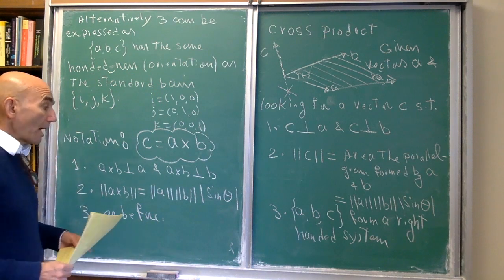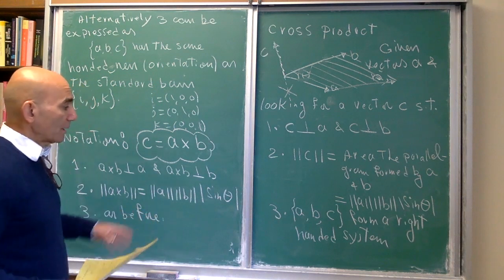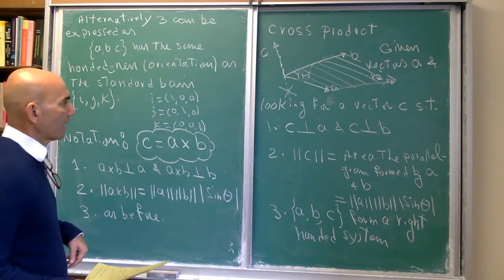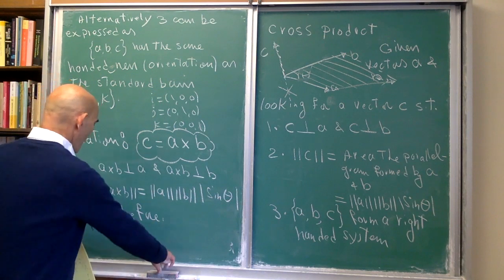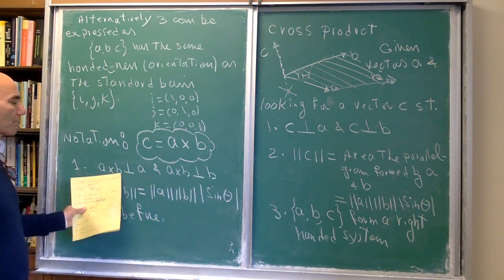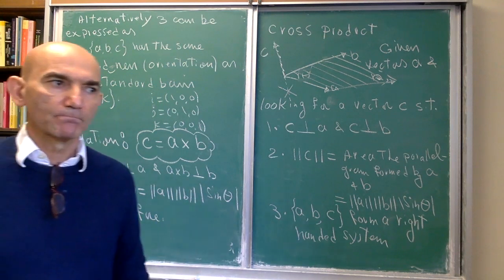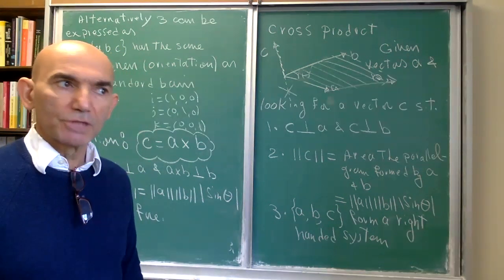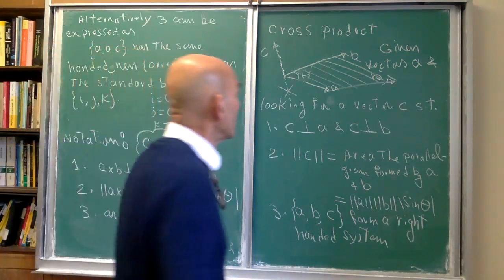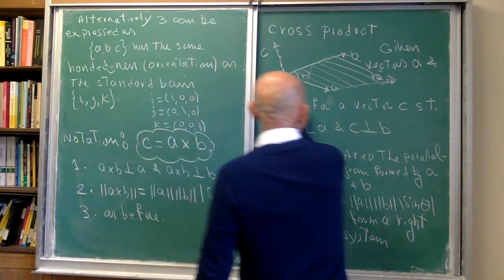So now, there are some immediate consequences we can say from these things. One of the properties is that if you change the order of the cross product, the value of the cross product is going to change. It's going to be the negative vector, right? So now let me write it here.